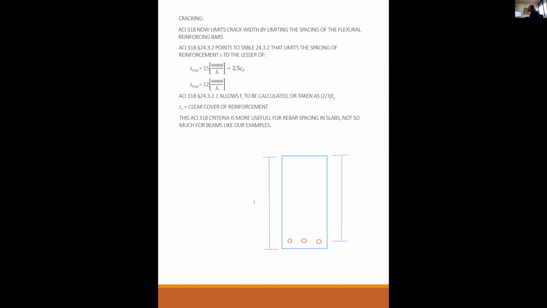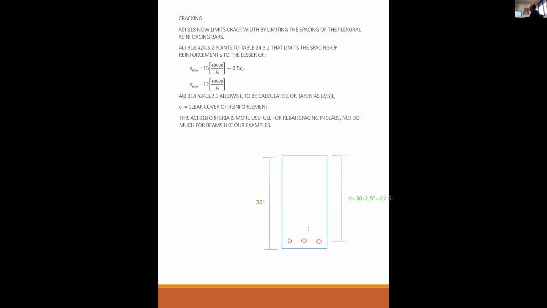So this is 30. And then you said, well, D then is equal to 30 minus 2.5 inches, which is equal to 27.5 inches. Okay, cool. And then you sized your steel.